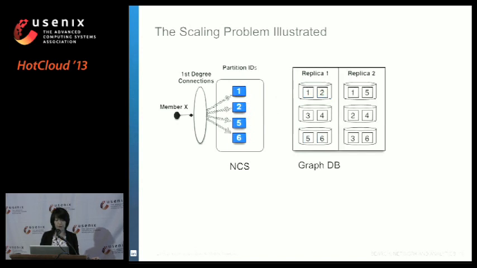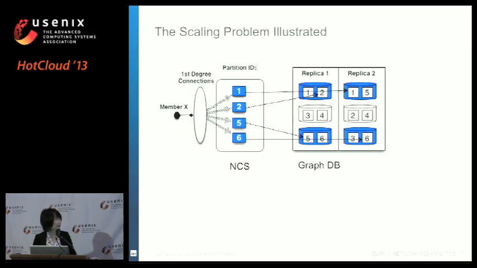So now, if we are adding another replica in our system, each of these partitions can be served by 2 different machines. That way we can handle failover and load balancing. But in this topology, the same kind of second degree query would be translated into something like this. As you can tell, even though some of these partitions can be served by just one machine, the load balancer is actually trying to do a good job of load balancing, making sure we don't have a hotspot in our system.